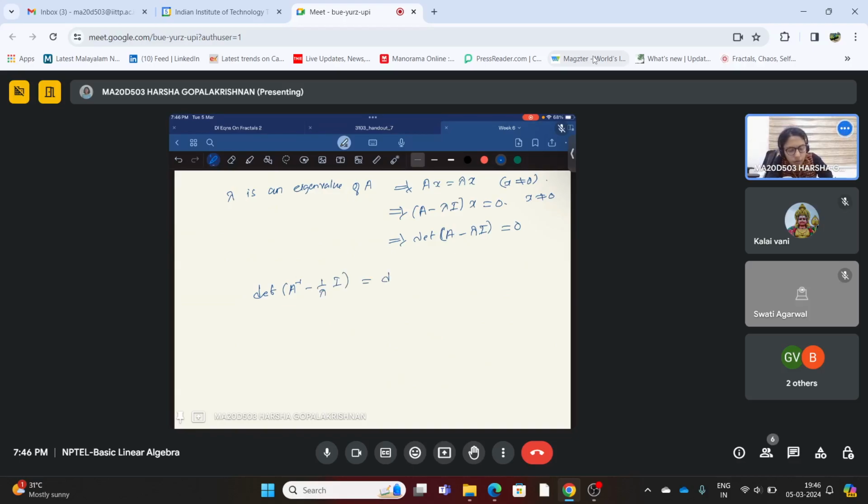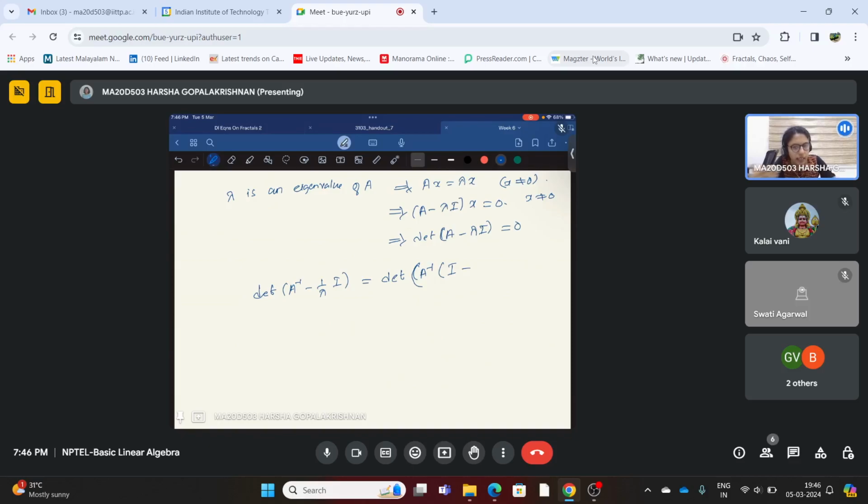Now, we just know that the determinant of A minus lambda I equals 0. So from this, we should reach an expression in terms of A minus lambda I. What I can do is take A inverse outside, so here it is identity. And what should be the next term?